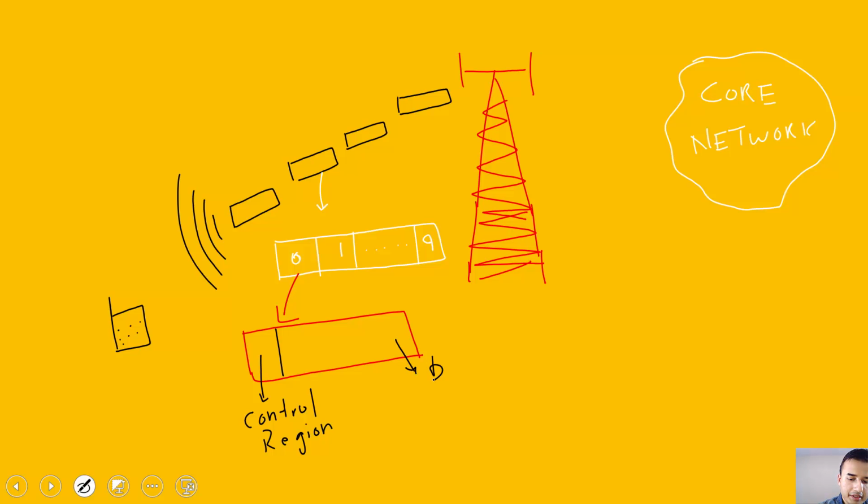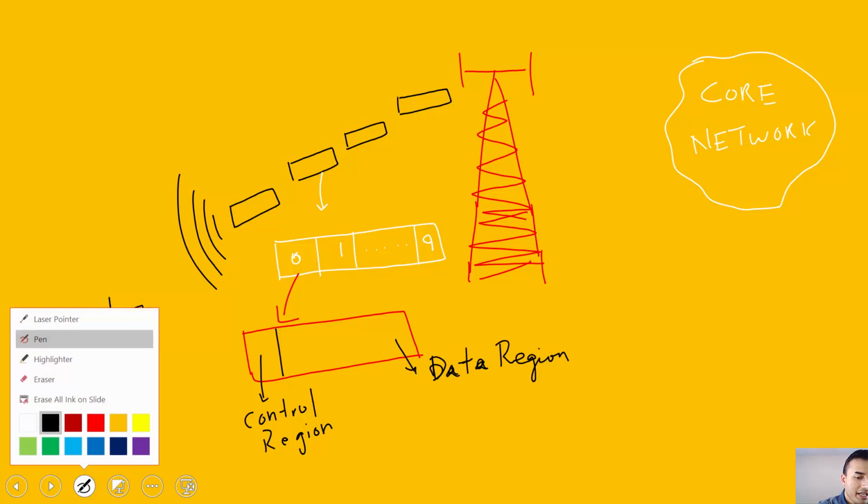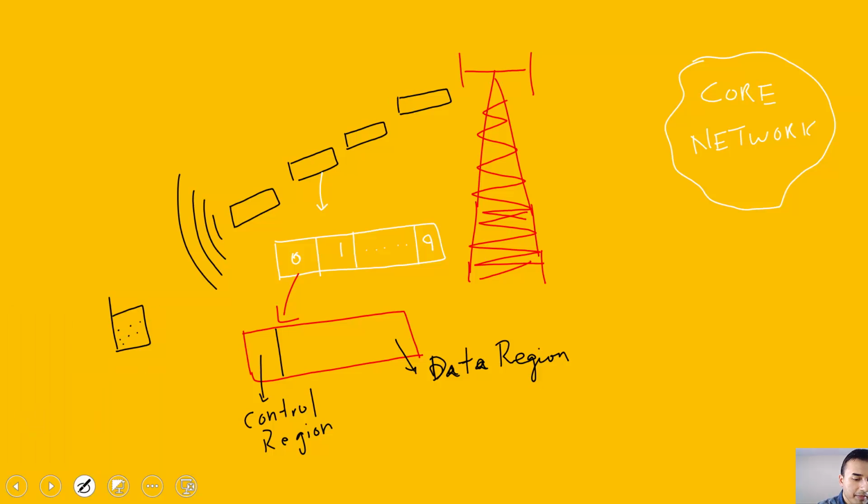In the control region, how will the UE know if it is being paged or not? Whenever it wakes up, it checks the PDCCH channel, and on PDCCH the UE needs to find the P-RNTI, which stands for Paging Radio Network Temporary Identifier. If the UE finds this P-RNTI value, it indicates to the UE that someone is being paged.